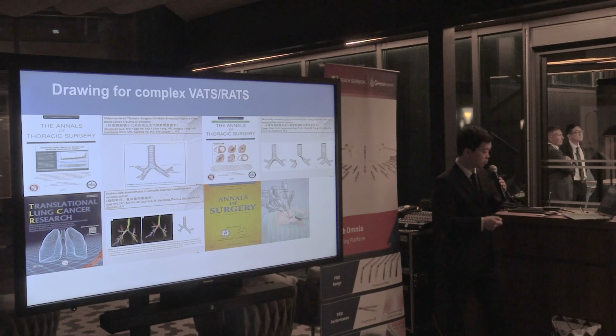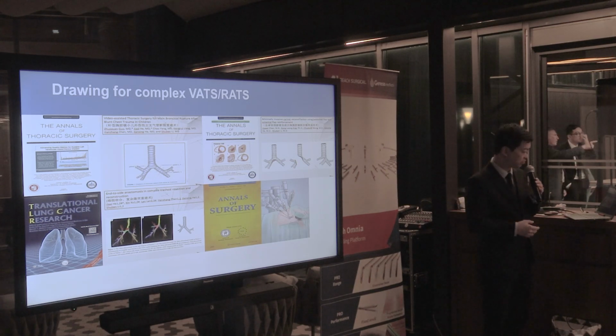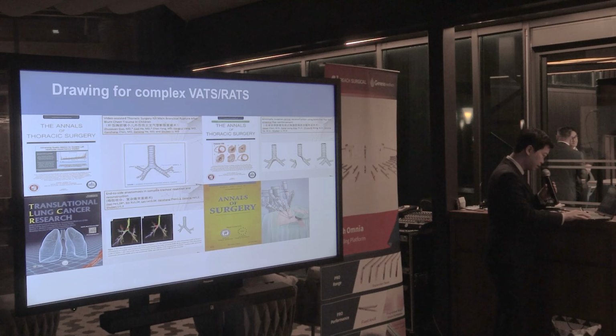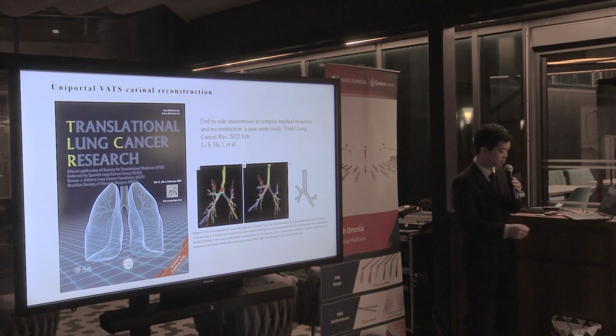So in our center, we also push the drawing for compressed VATS or VATS procedures. And now we can share with all of you. We can complete the Uniportal VATS carinal reconstruction through the end-to-side anastomosis. Through this drawing, we can learn about the tips and tricks.